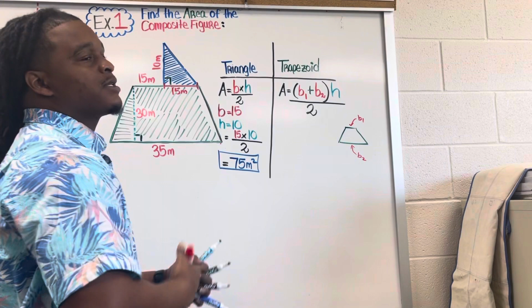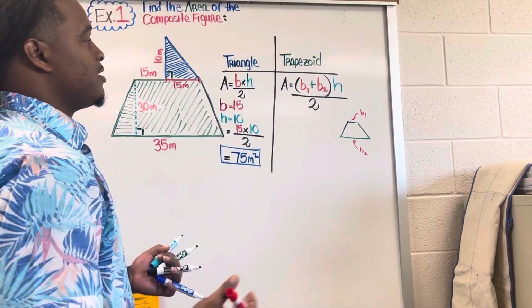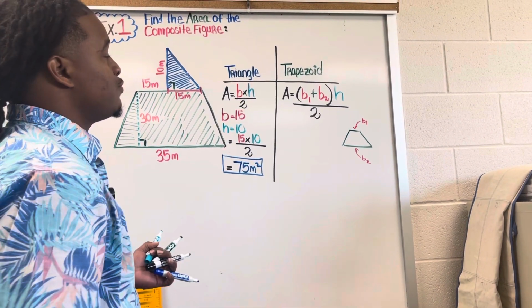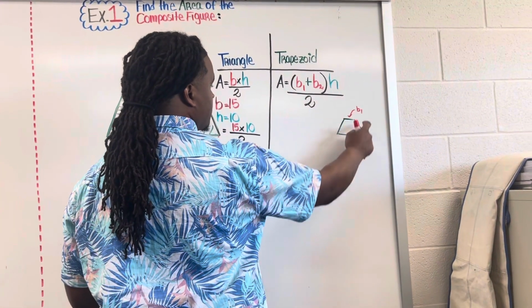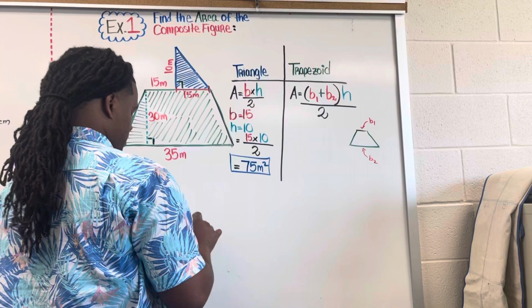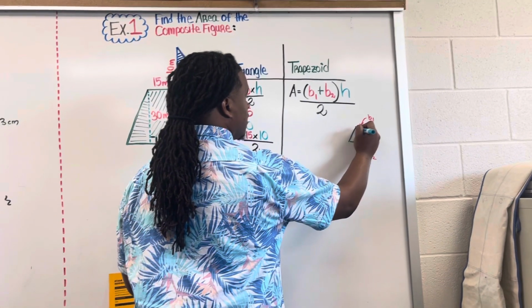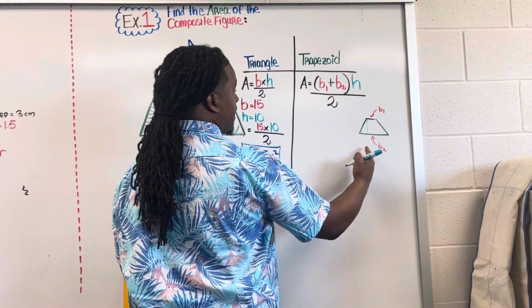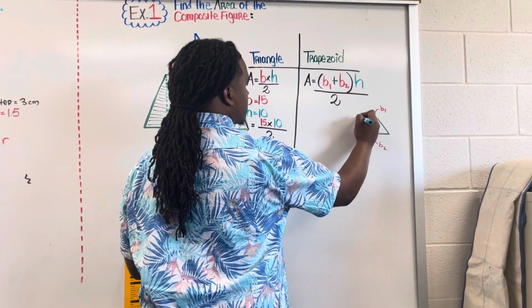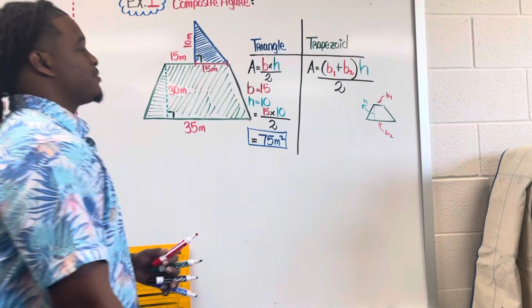You can say base 2 is the top, base 1 is the bottom, because base 1 plus base 2 equals base 2 plus base 1. So it really doesn't matter. But just know that the two bases are base 1 and base 2, okay? The height of the trapezoid will always be, or in most cases will be, this little dotted line that's vertical. That will represent the height of the trapezoid, okay?